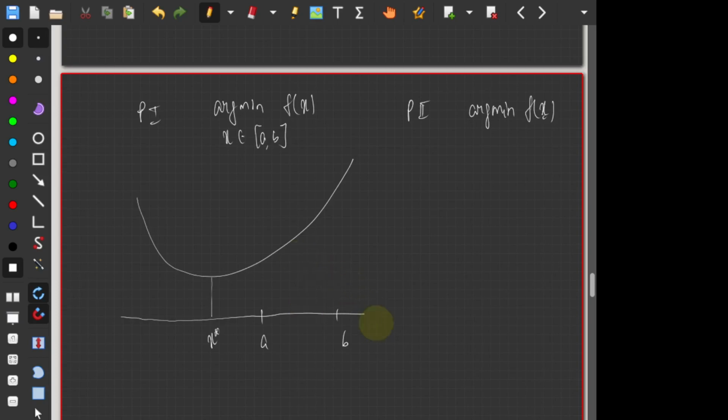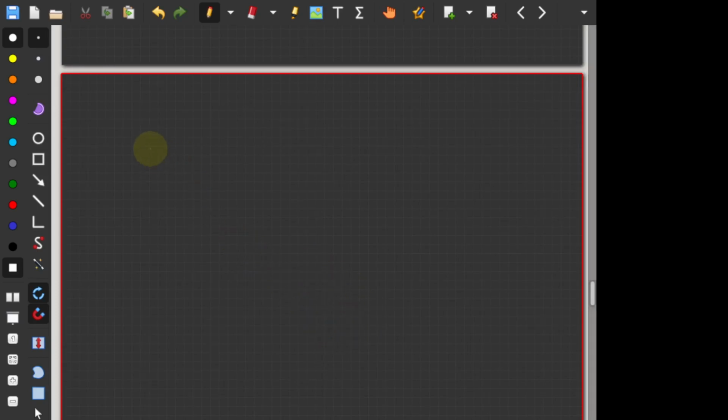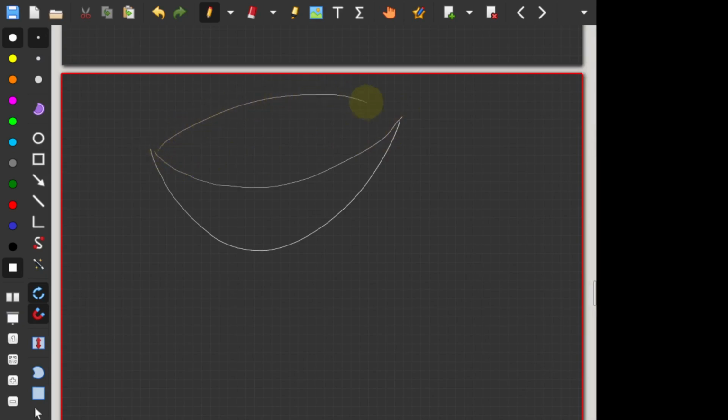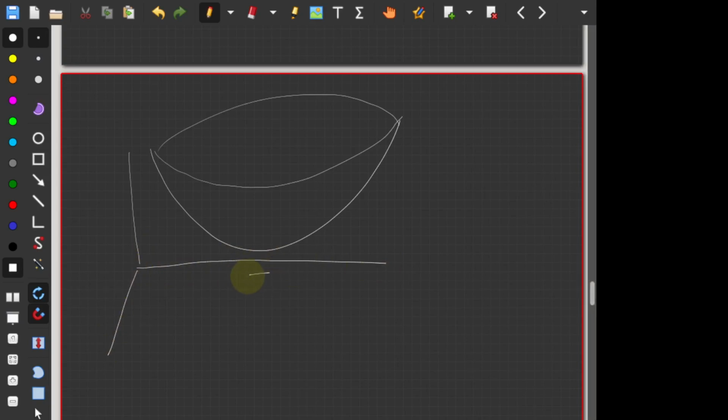I want to minimize the convex function, right? So now it's like this sort of a bowl, and I'm minimizing this in some rectangular region.